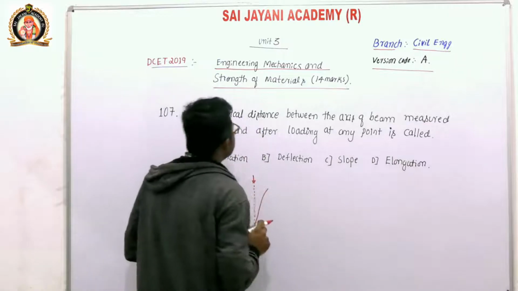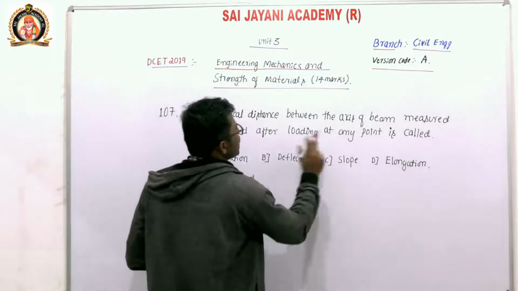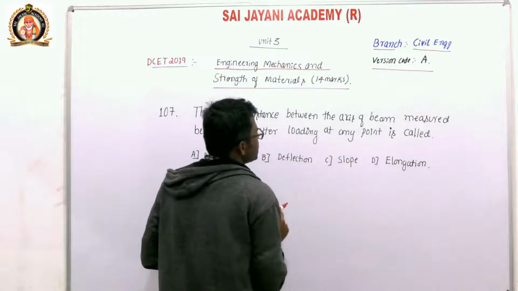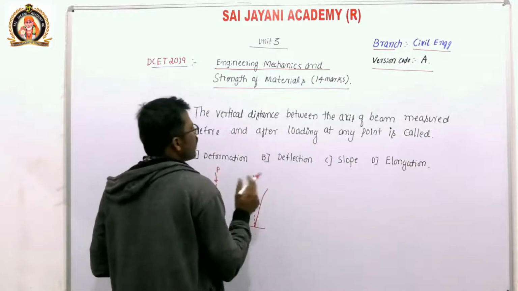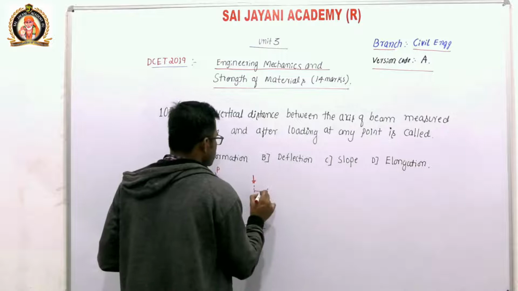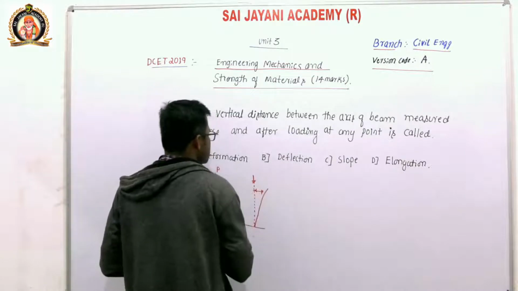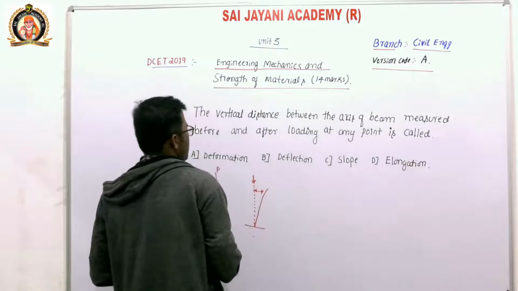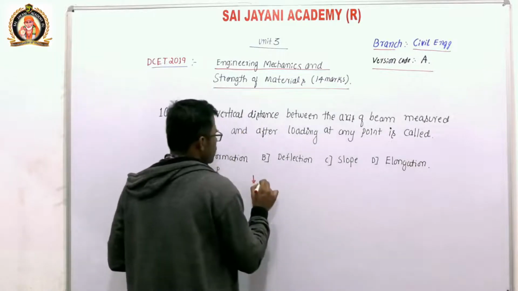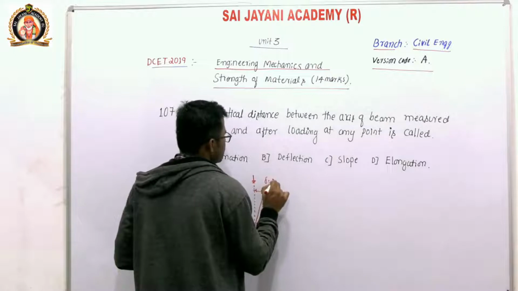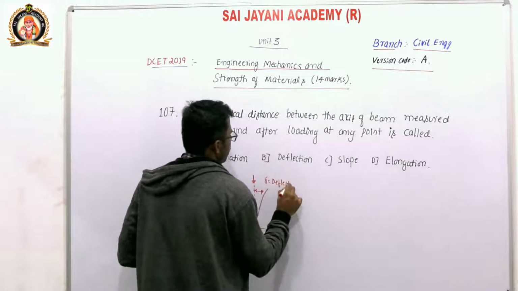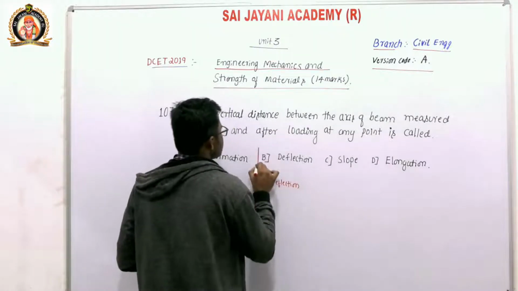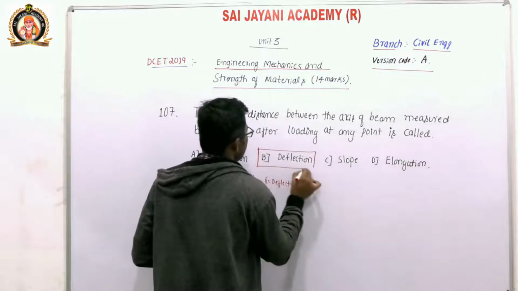The vertical distance of the axis of beam measured before and after loading at any point. So the vertical distance before and after loading at any point of a beam is called deflection. So option B is the right answer.